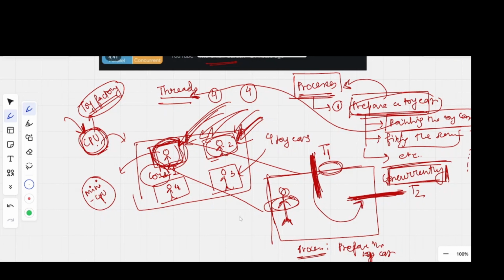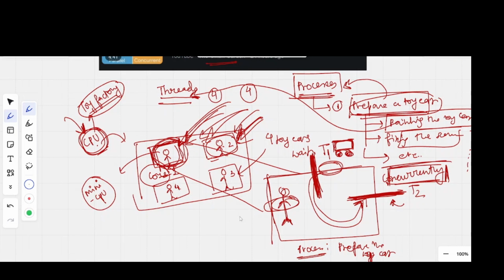Let's say he painted the upper area of the car and the tires are left. At that time, he's waiting for the paint to dry. So since he is waiting on thread 1, he can switch to thread 2 and fix the screws in the lower part, right? Maybe he can fix the tires properly, he can tighten the screws that are there in the tire, right?